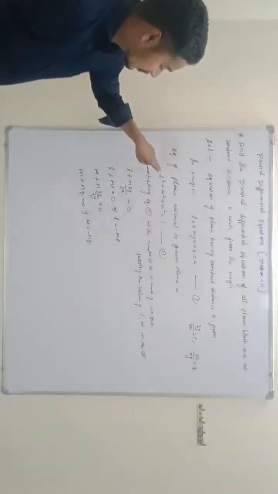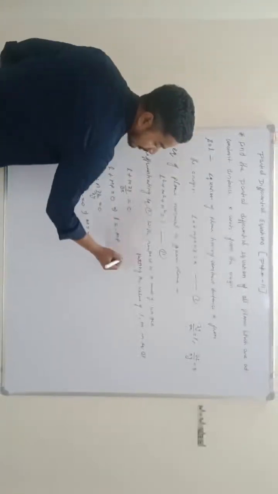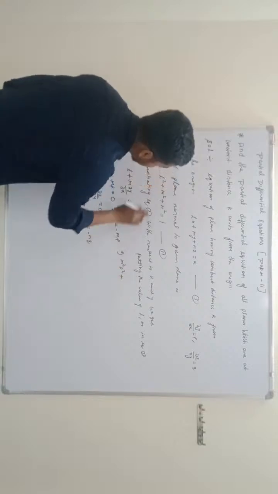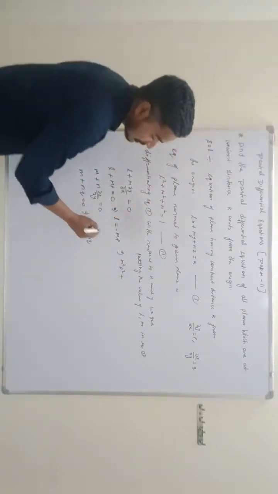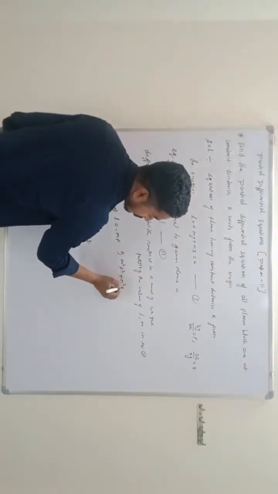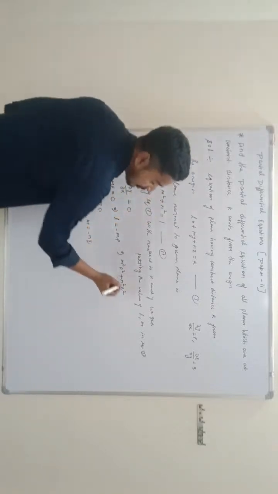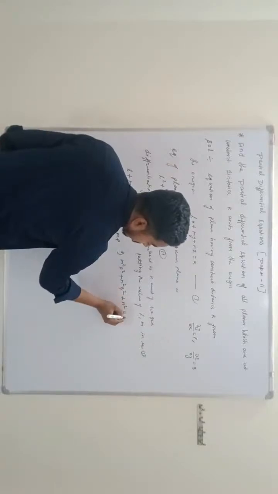Putting the values in place of L and M, this gives M squared P squared and N squared Q squared, and N squared is already present, equal to 1.